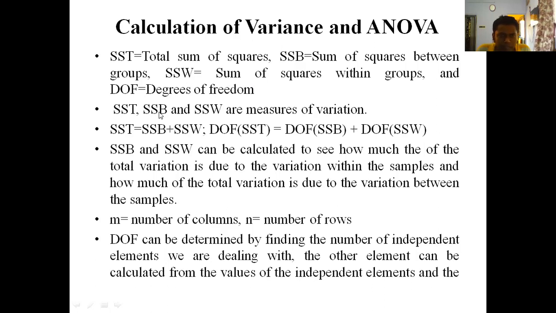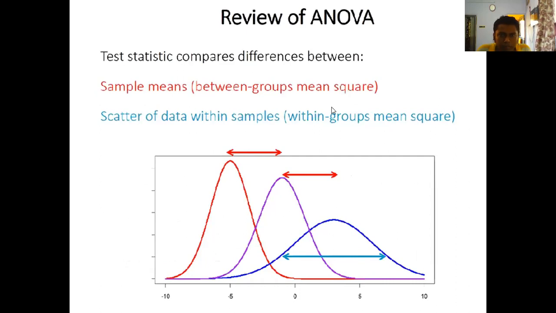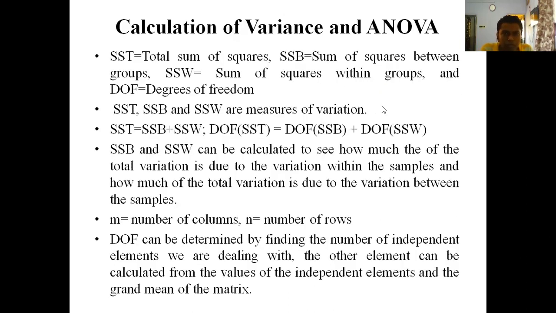SST, SSB and SSW are actually the measures of variation. SST, total sum of squares, is given by SSB plus SSW, sum of squares between plus sum of squares within.